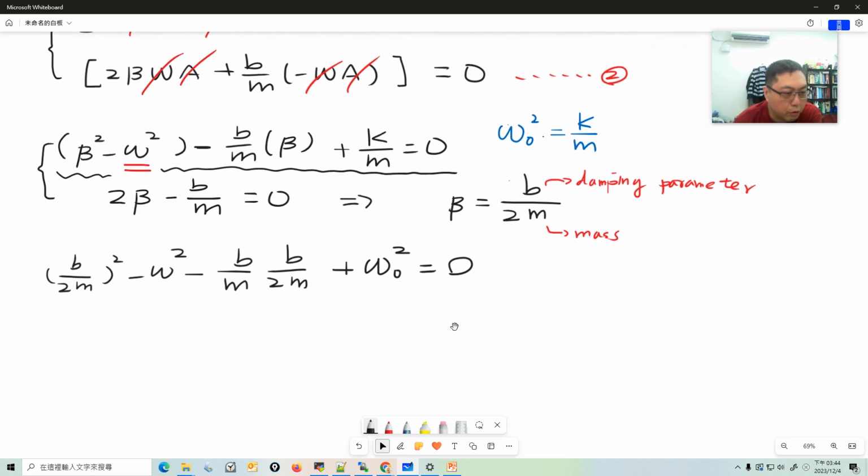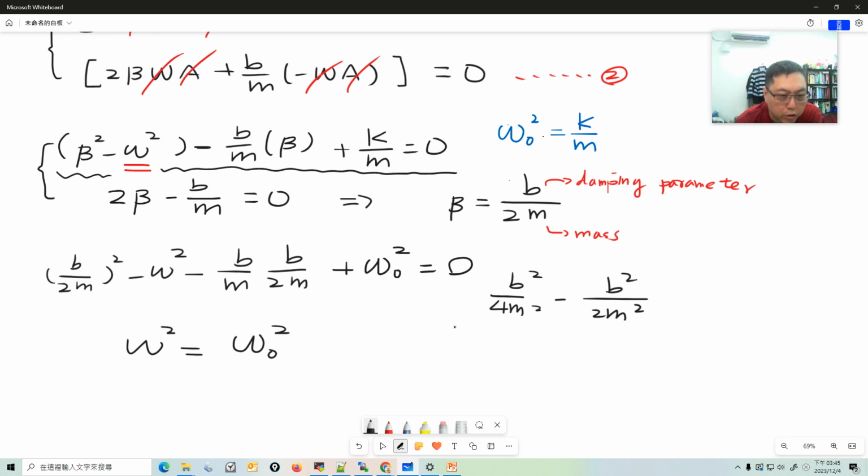So our omega squared is omega 0 squared, and plus, let's say we have to reduce this a little bit. 2m squared. I think we have to find some way. So the first one is 4m squared b squared minus 2m squared b squared.